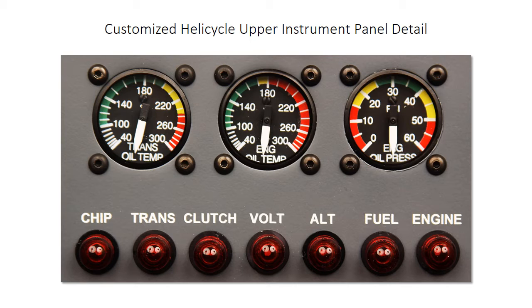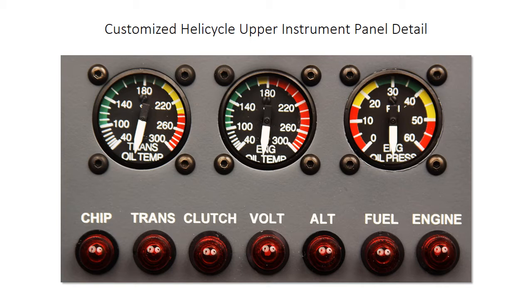There's not too much to say about this. I really love these indicators. They use air vane technology. When there's no power, the needles drop straight down, as you see here, so it's pretty easy to tell if there's been a failure or a loss of power.